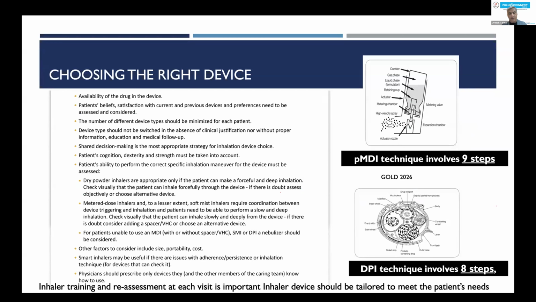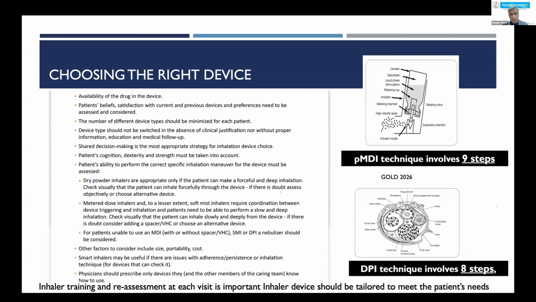So pMDI, when it is to be used, remember that it requires 9 steps to go right for the adequate delivery of the aerosol into the lungs where we need to target the COPD airways. When we use the dry powder inhalers, it looks very simple, but it is not that simple because it also requires 8 steps to be correct, where the drug delivered from the device needs to reach our airways.